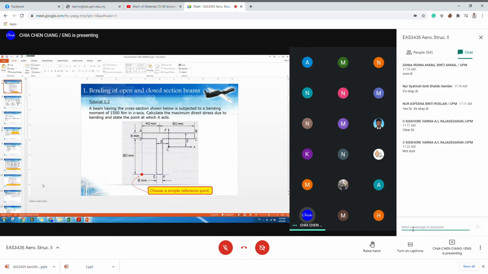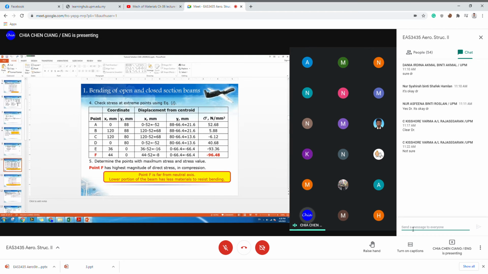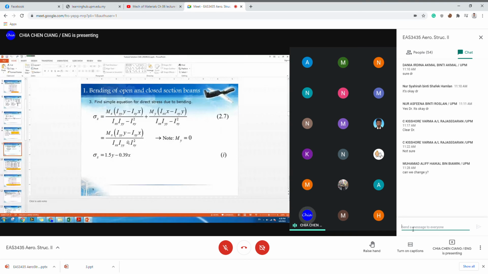So we have many ways to increase Iyy, but you need to play around with the values of Iyy, Ixy, Ixx, so that eventually the values in this table will be less than 80 Newton per mm squared.